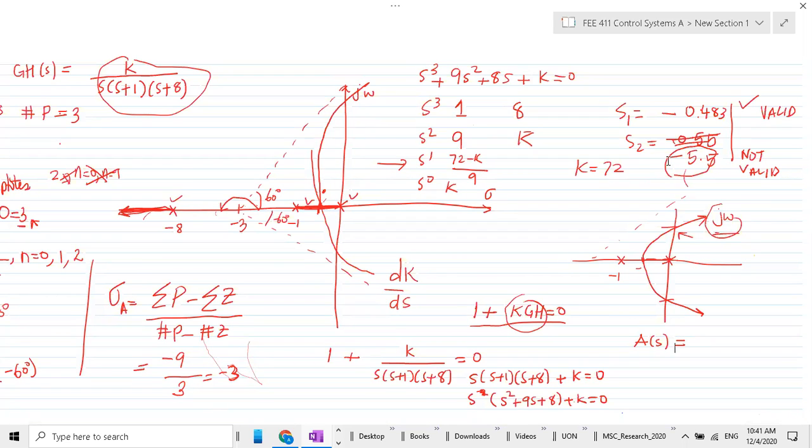We can't, because we have 9. We need a whole row to be 0. And the s power 0 row has just k. So if we set that one to 0, k is a constant. Remember our k is greater than 0. Oh, okay.